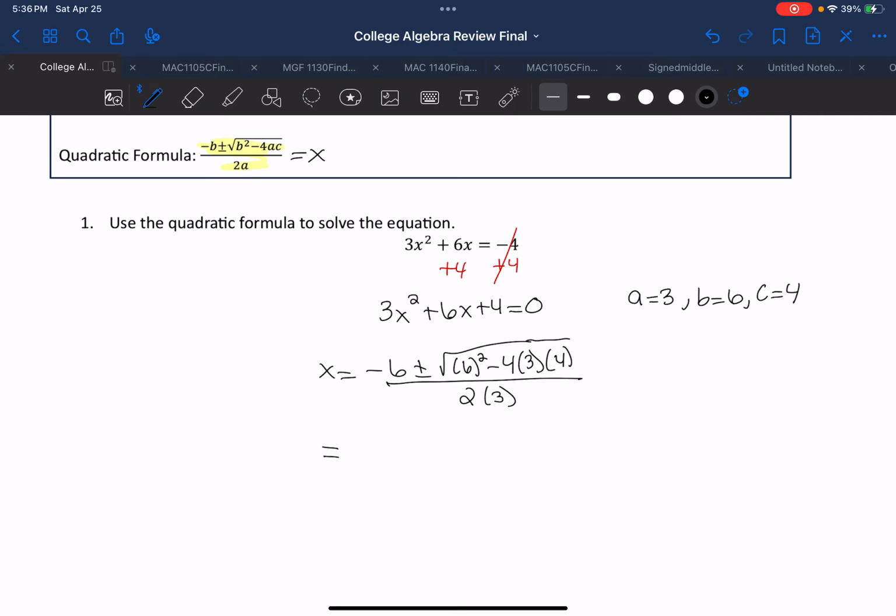So this would be equal to negative 6 plus or minus 6 squared is 36. Negative 4 times 3 is negative 12. And negative 12 times 4 is negative 48. So that would become negative 6 plus or minus the square root of 36 minus 48, all over 6.